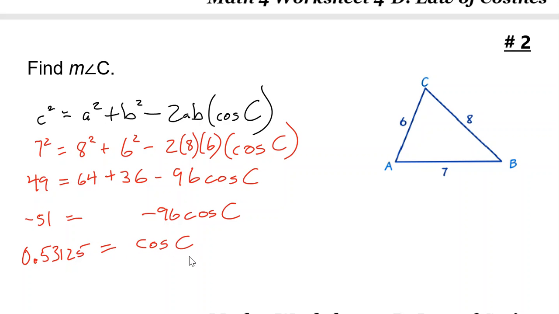All right, so when I punch in the second cosine, second answer, you get 57.9. C is about 58 degrees.